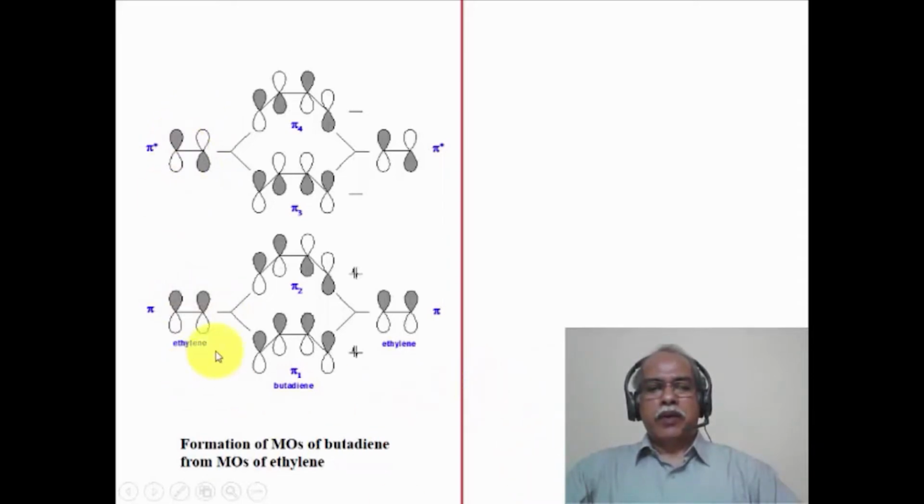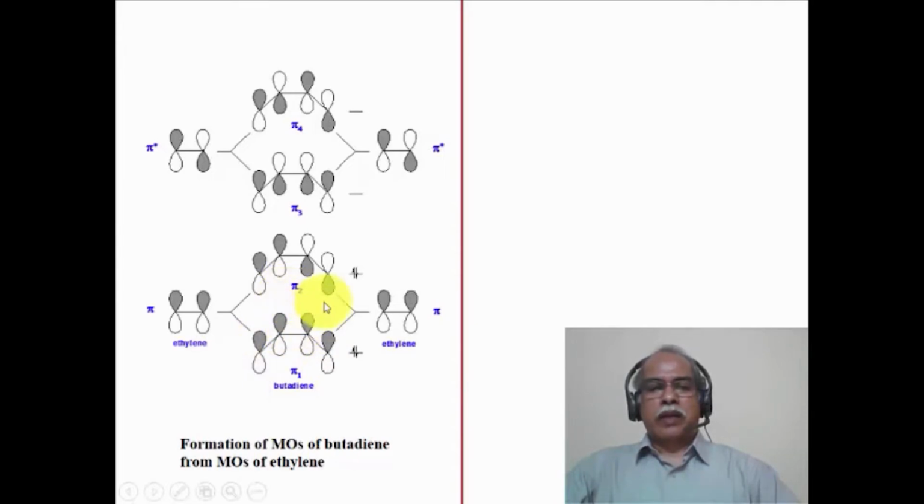Now the molecular orbitals of butadiene can be easily constructed by the linear combination of the pi molecular orbitals of ethylene. If you take one ethylene molecular orbital and another ethylene molecular orbital, a symmetrical combination of the bonding molecular orbital of one ethylene and the bonding molecular orbital of the other gives you one molecular orbital of butadiene, a symmetrical combination where all the algebraic signs are the same, with 0 nodes.